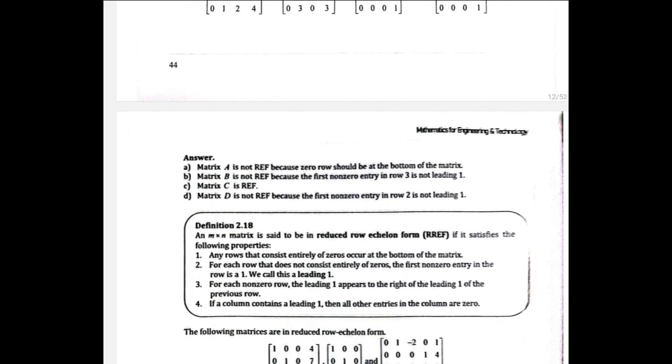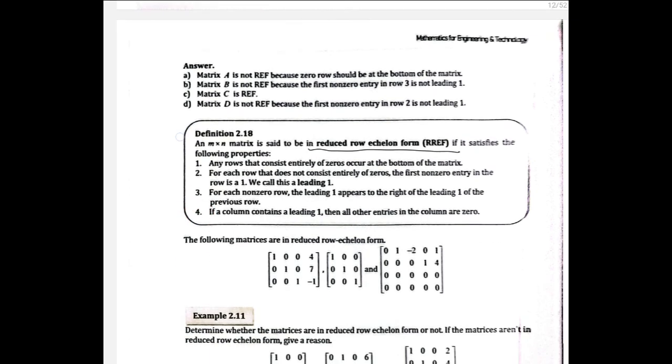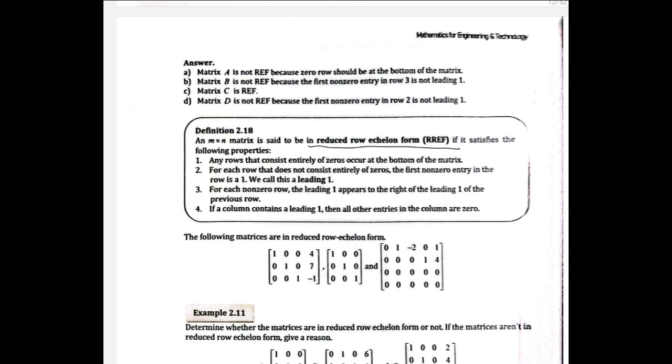The next one, which is the last part of the video, will be about RREF, which is the extension of the REF. Reduced row echelon form is the REF extended with one more property. What is the extended property? It is this. For reduced row echelon form, this is the only property that refers to the column.